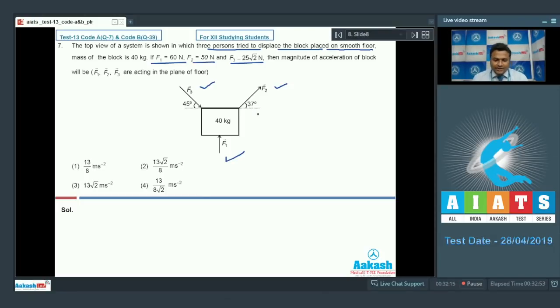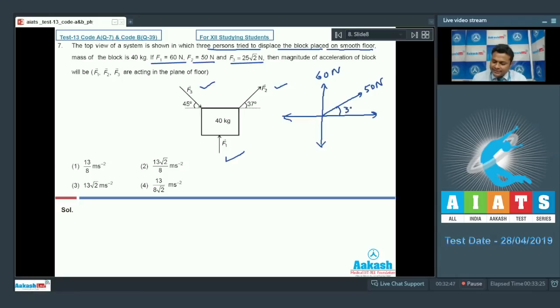Now let us take the y component of all these forces one by one, and before that let us draw an equivalent diagram for the forces. F2, that is 50 Newton, acting at 37 degree. So this is F2, 50 Newton. F1, 60 Newton, in positive y direction.